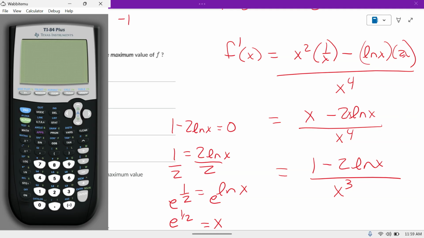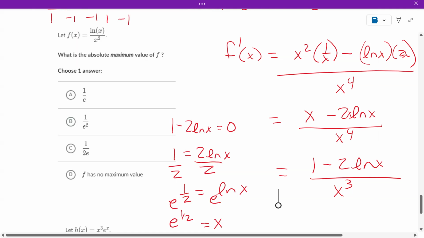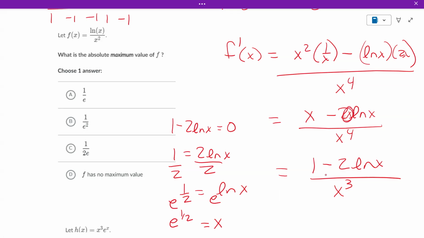But it's on the x-axis. There's probably none. Yeah, I factored out this x right here, the x that was in front of it.